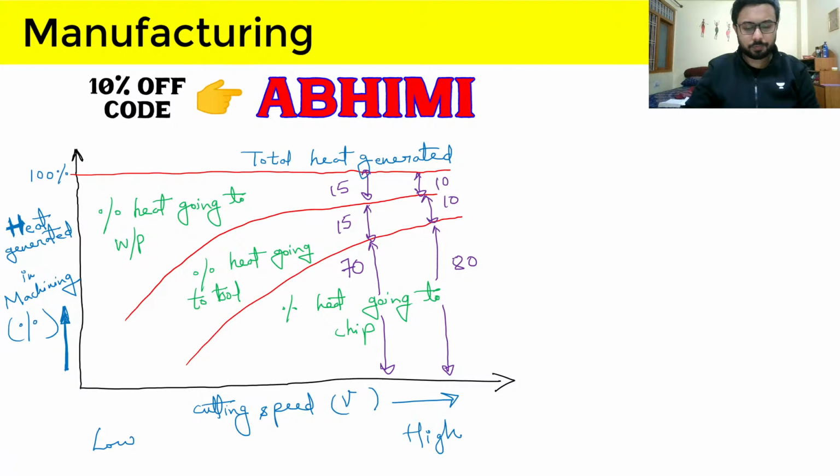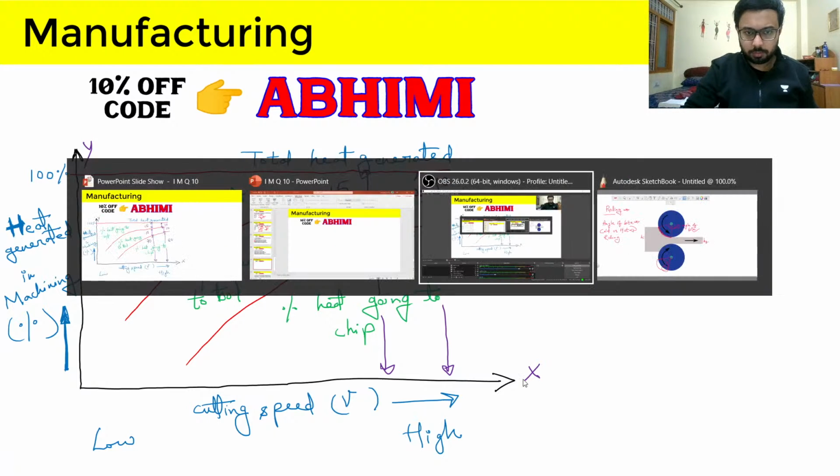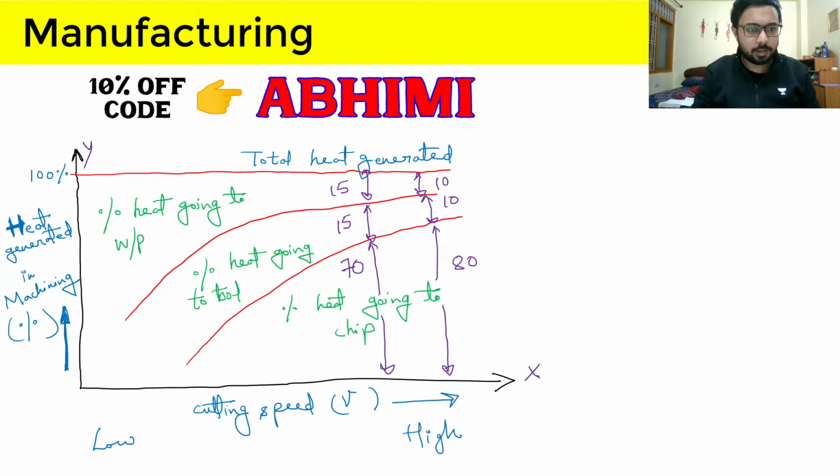As you can see, the y-axis shows the heat generated during machining in percentages, and the x-axis shows simply the cutting speed. We have our total heat generated, 100%, shown at the top, and for the origin it will be 0% heat generated in machining.